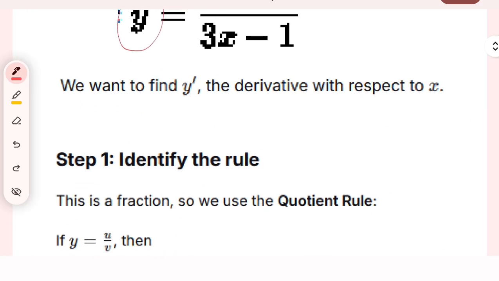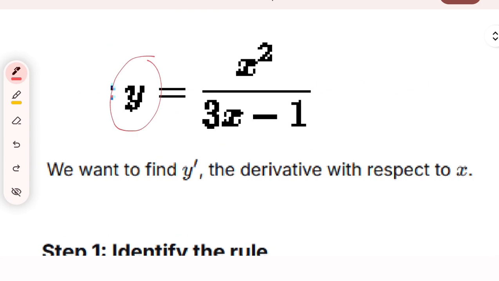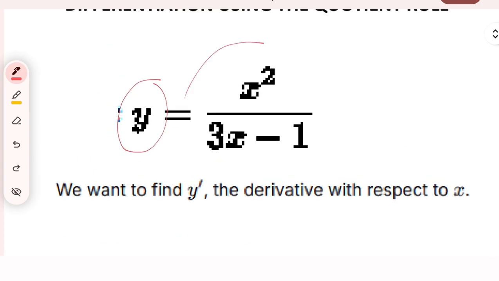So first we will identify the rule. Once you see something like this, you need to check what kind of rule you can apply. Should it be a product rule, a chain rule, a quotient rule?